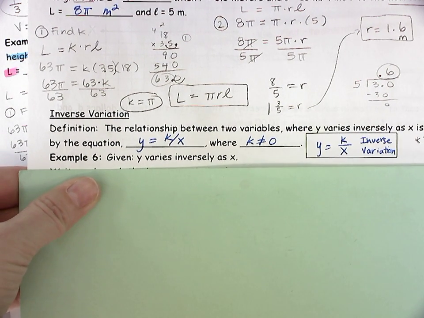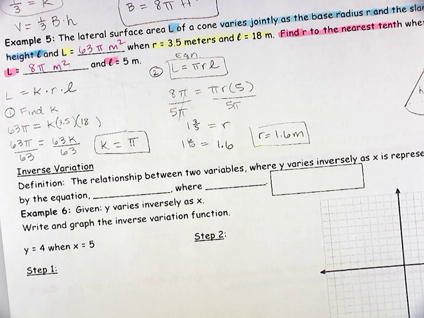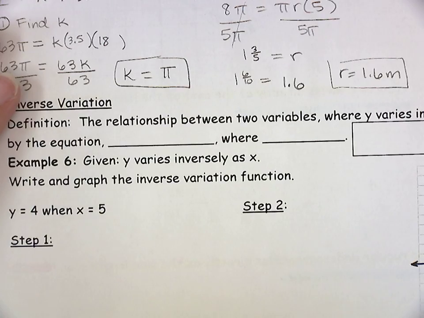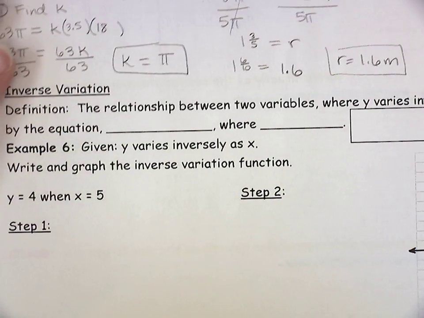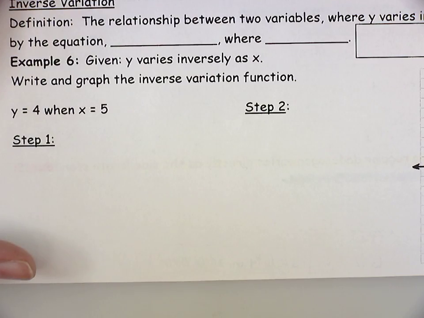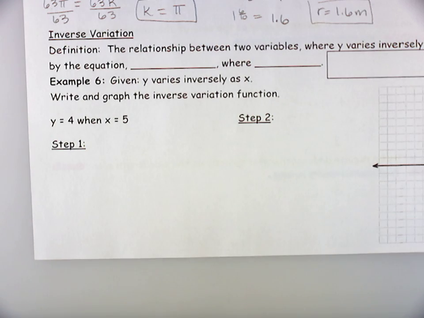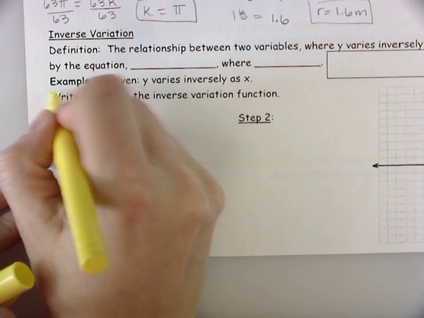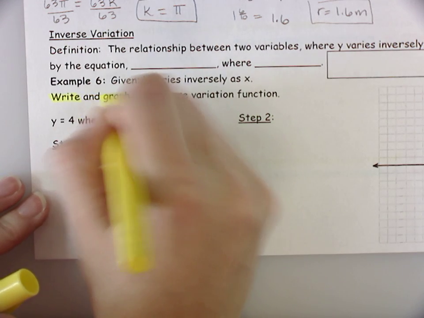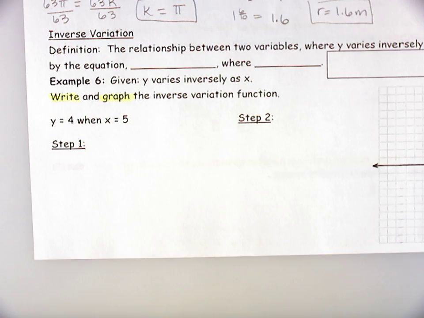Okay, so for example 6, it says that it's given that y varies inversely as x. We have to write and graph the inverse variation function. Notice here that it says we do have to write the function and graph it. That's why we're practicing writing out our function for all of those.